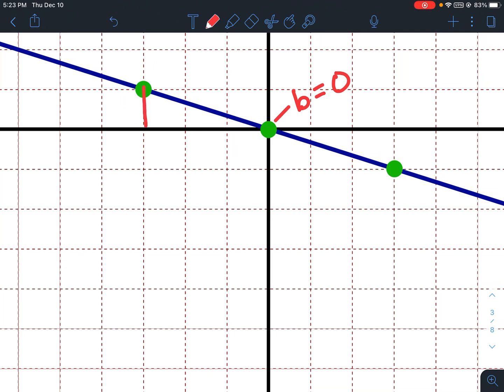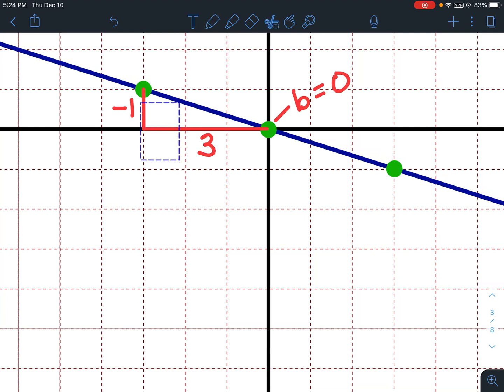So to go from this point to this point down here, I go down 1, and then I go to the right 3. I go down 1 and to the right 1, 2, 3. Going down 1 means this will be a -1.